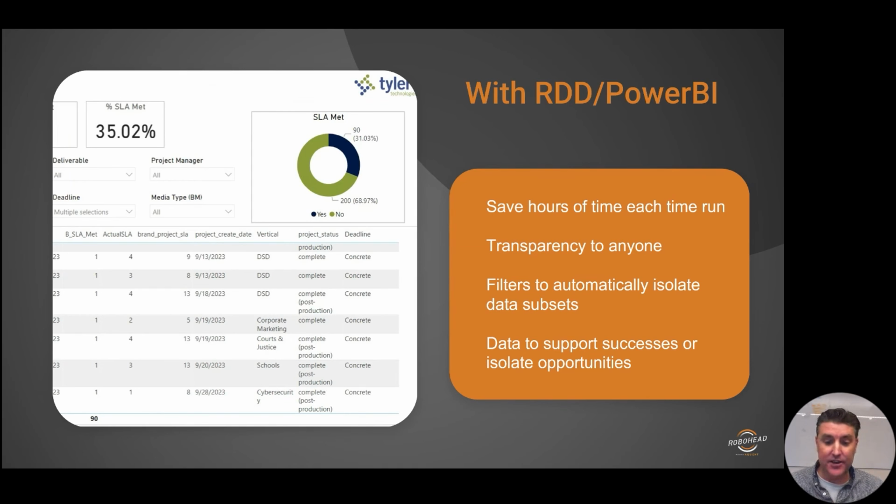And this data, in addition to a lot of other data we pull directly from RoboHead reporting, can be used to support successes or isolate opportunities for improvement or education. This can illustrate things like where bottlenecks are occurring, whether our staffing levels are appropriate or our SLA figures are appropriate, or how changing conditions over time affect things, or whether improvement is occurring.